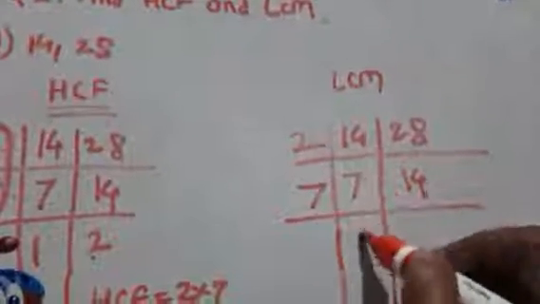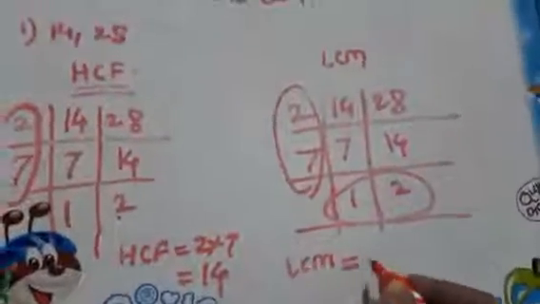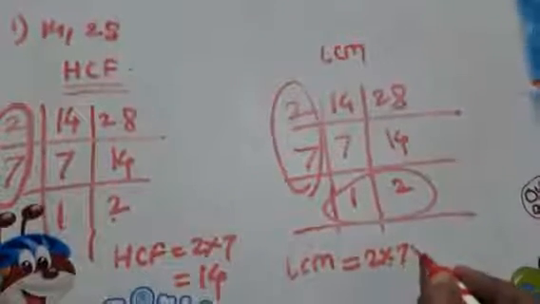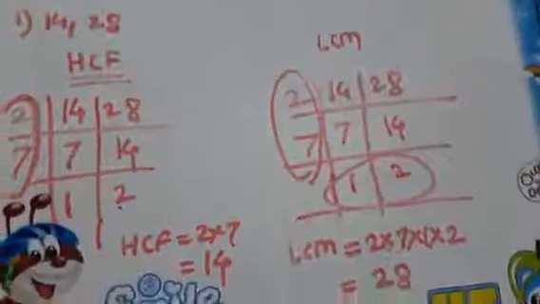So 7 ones are 7, 7 twos are 14. Now what we have to do is multiply these. So LCM will be equal to 2 into 7 into 1 into 2. So LCM will be 28.